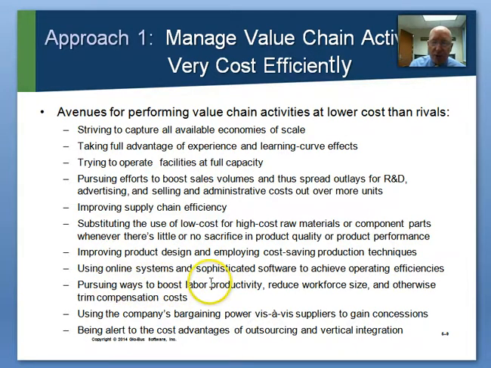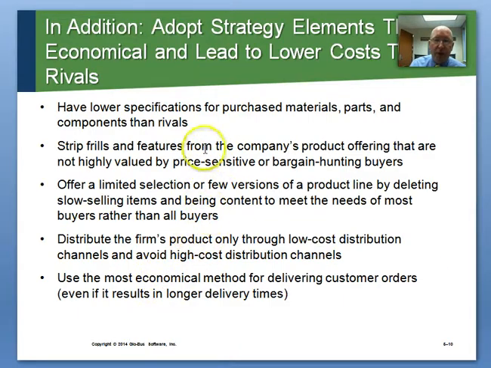Pursuing ways to boost labor productivity, reduce workforce size, and otherwise trim compensation costs. Again, that's something that you're working toward in Globus. These are some of the other ways, but again, it's not about producing a no-frills product. It's about producing a product that people see as relatively on par.